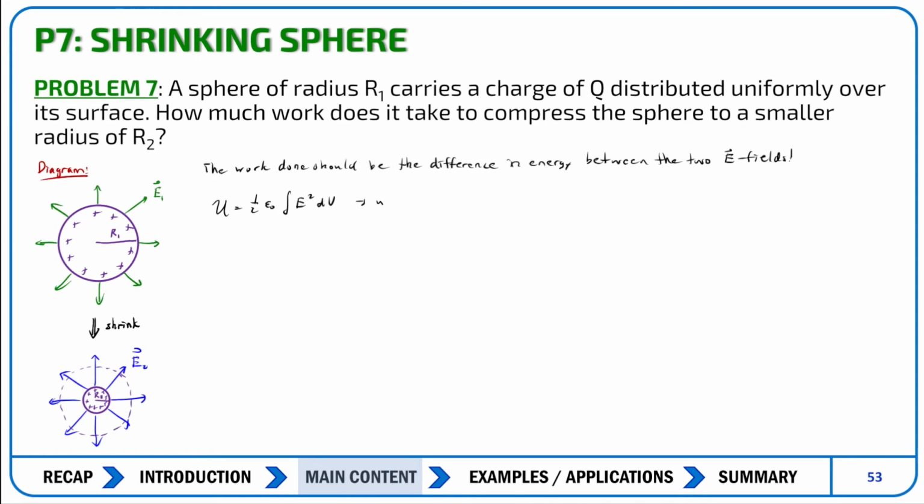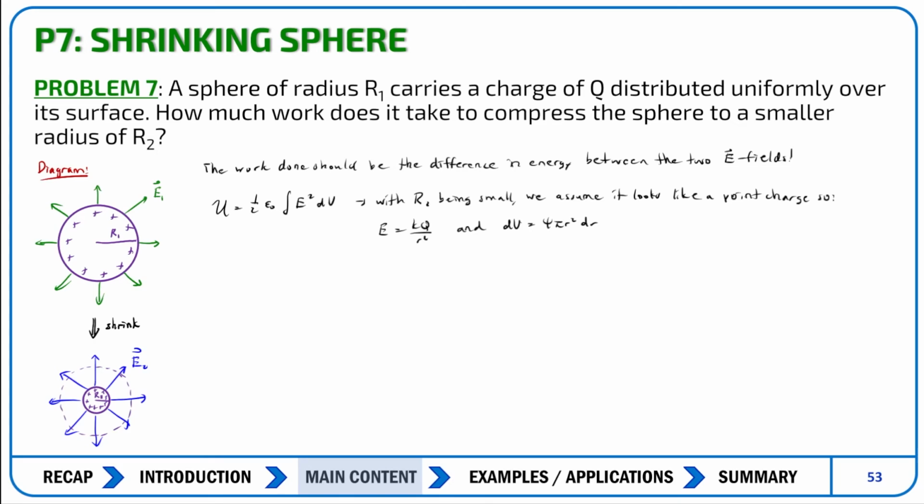With R2 being small, we assume it looks like a point charge. That means E is equal to KQ over R squared, and dV is equal to 4 pi R squared dr, which is the volume of a thin spherical shell.